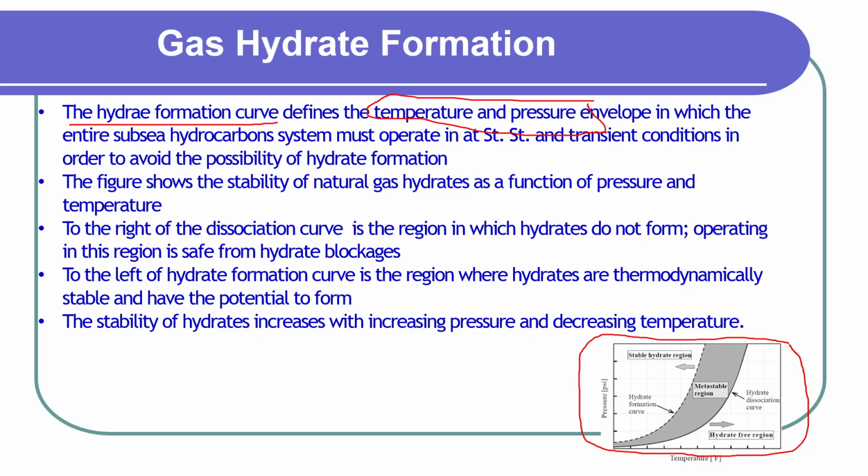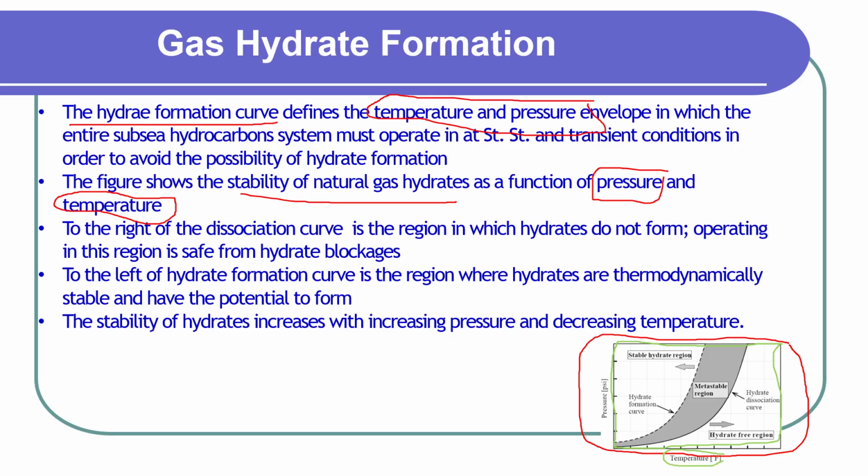This chart, which is the hydrate formation curve, will give you an idea about the stability of natural gas hydrate as a function of two things: pressure and temperature. Which means that you can use this chart here, I'm going to just use a different color, to read the pressure value and temperature value.